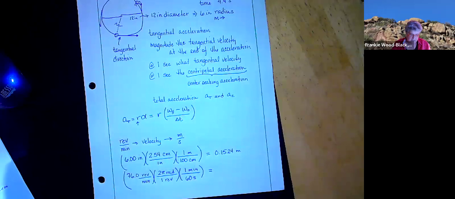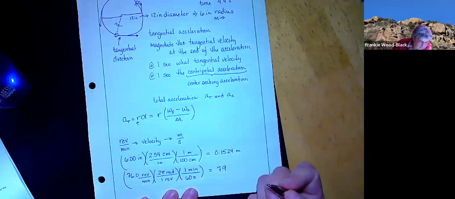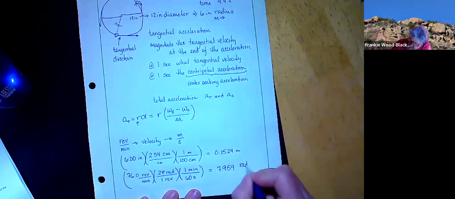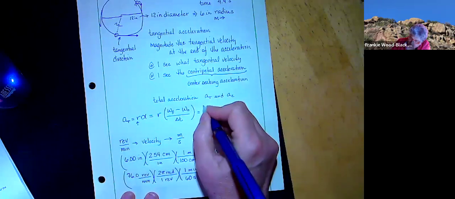So 76 times 2 times pi divided by 60 is going to give me 7.959, and this is now in radians per second. So now I can go up here and start plugging in my numbers.